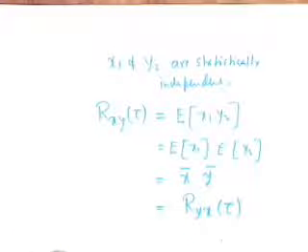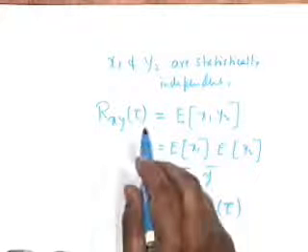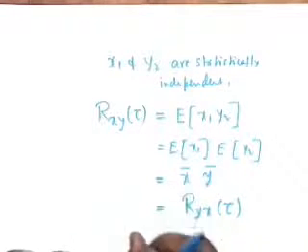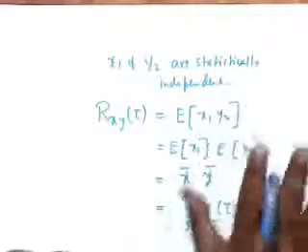And the more interesting thing is that if one of the processes is a zero mean process, then Rxy of tau shall be identically equal to 0 for all values of tau. This never happens with autocorrelation.